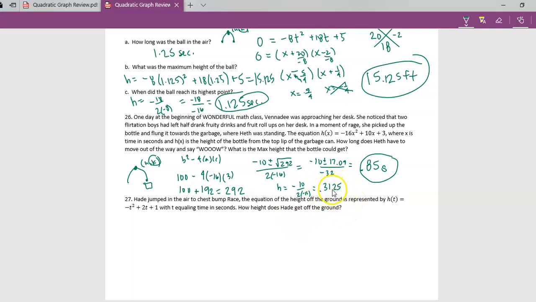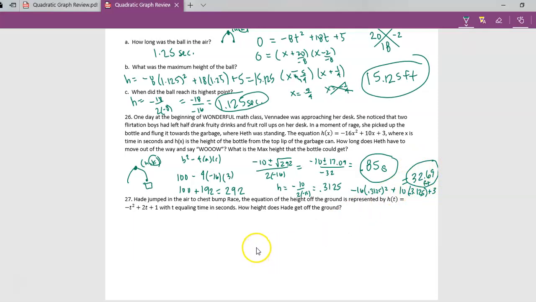And then we'll take that and plug it into the function and evaluate, 0.3125, not 1. Okay, and let me quickly stick that in my calculator, and that is equal to 32.69 feet. That is one heck of a high toss.